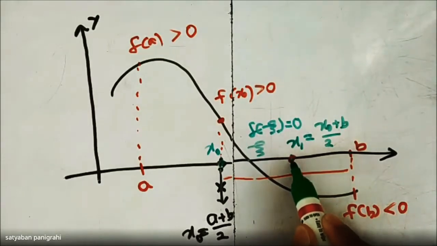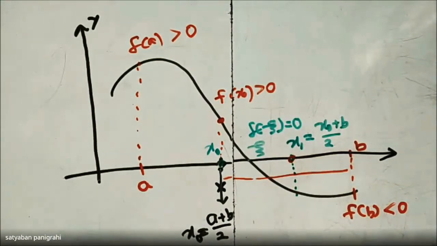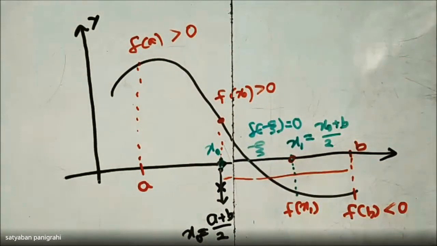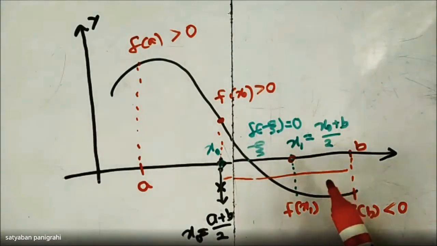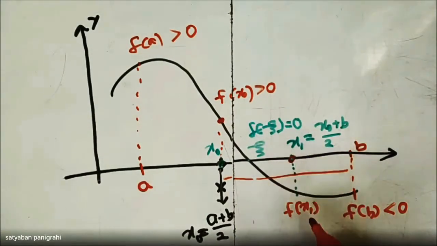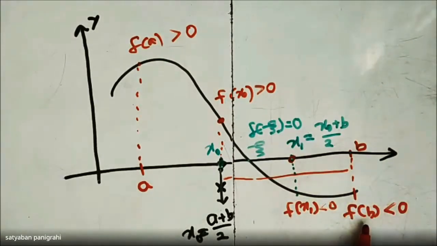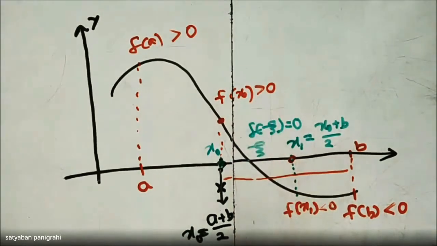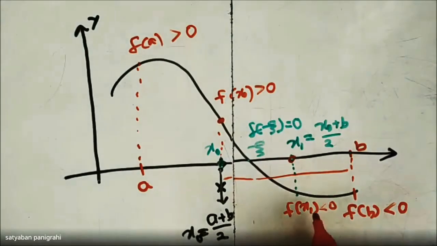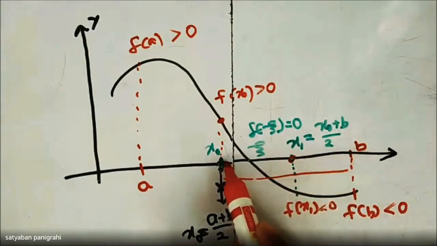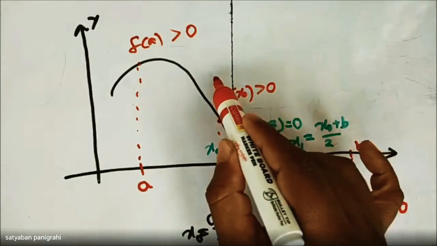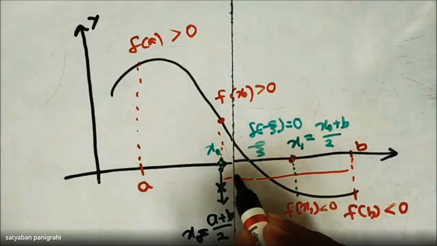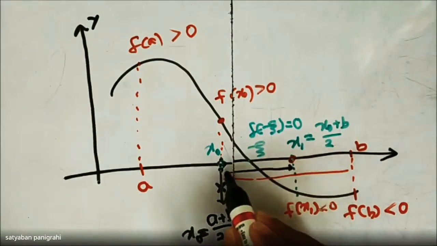Now, in a similar process, compute the function value at the point x1, f of x1. You can see that f of x1 is negative, f(b) is negative, but previously f of x0 is positive. So the root lies between which interval? The root lies between x0 and x1.